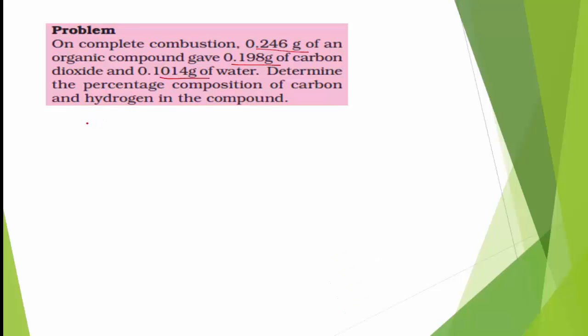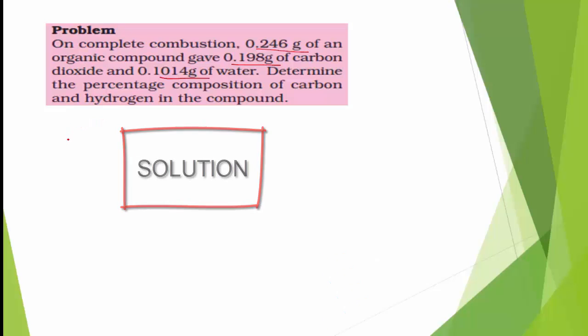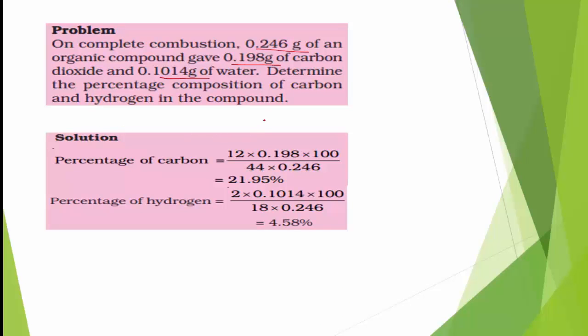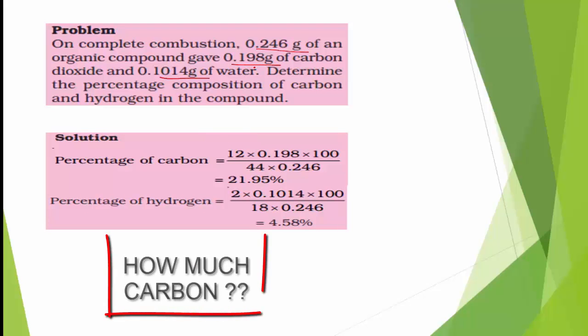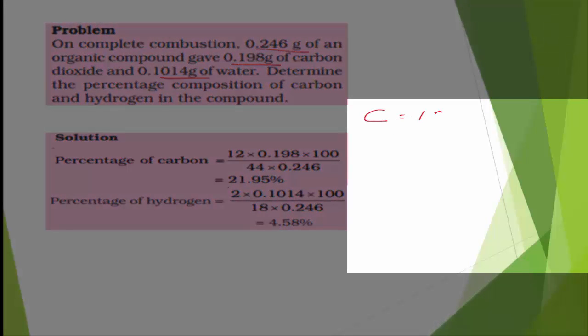Okay, so let's see the solution. First of all you have to find out how much of carbon was there. The weight of carbon is 12 and weight of carbon dioxide is 44. Now you had 0.198 gram of carbon dioxide.